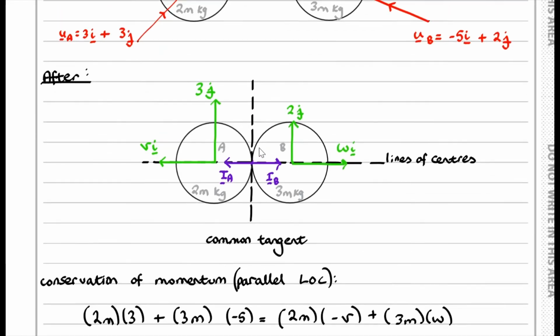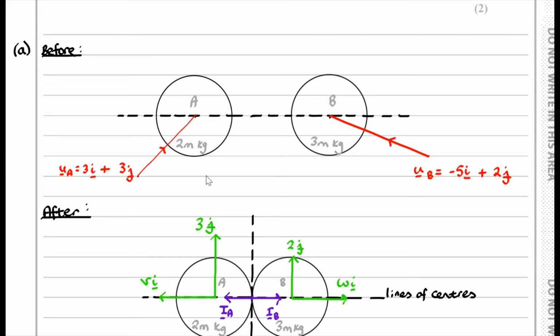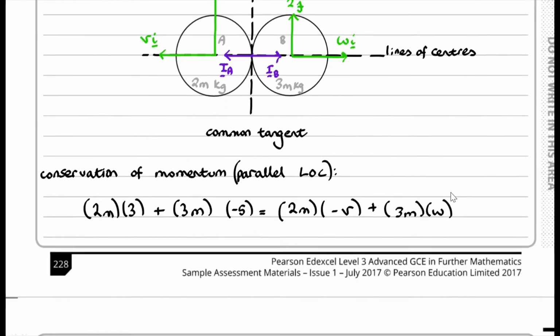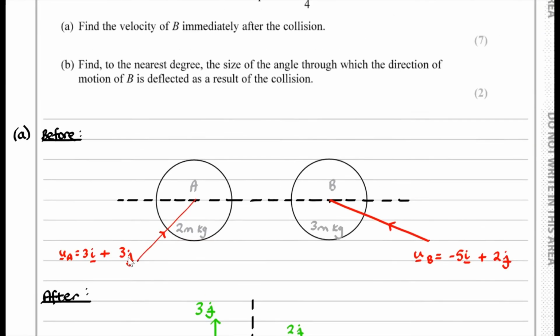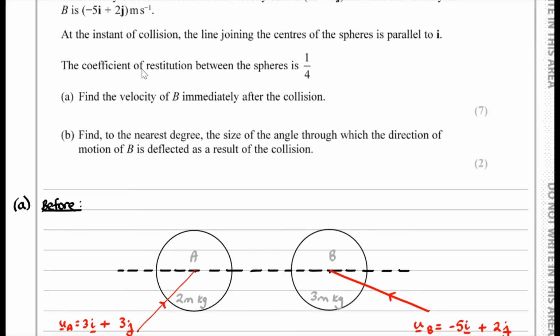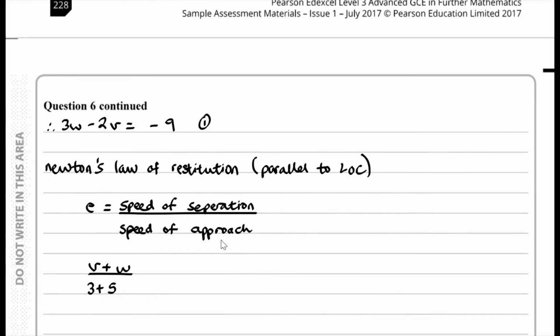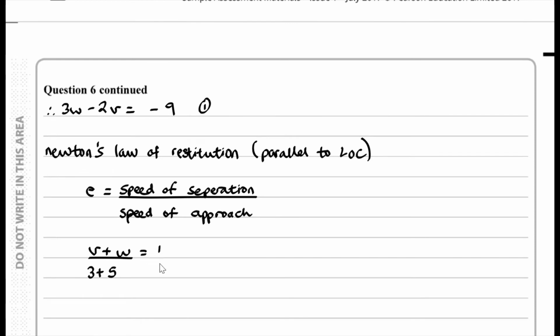And if we also consider this bit over here, the speed of approach, because they're moving towards each other, we've got 3 minus minus 5, which is 3 plus 5. And this will equal, if we go back over here, the coefficient of restitution, that's a quarter. So all this over here is equal to 1 over 4. And if we simplify this, v plus w is equal to 2. We'll call this equation 2.